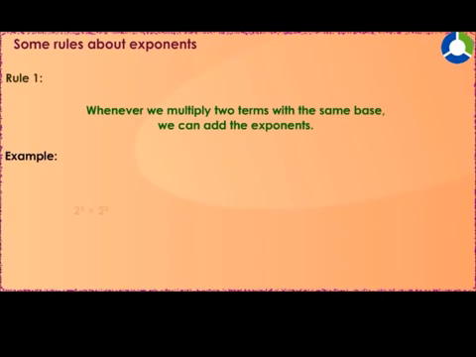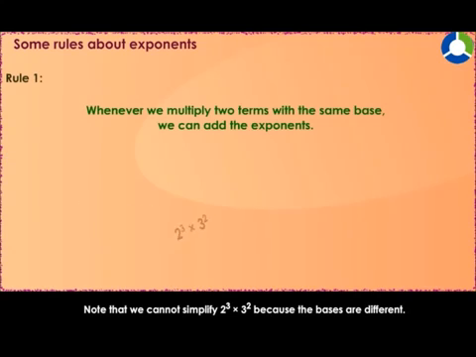Example, 2 raised to 3 multiplied by 2 raised to 2 equals 2 into 2 into 2 into 2 into 2, equals 2 raised to 3 plus 2, which is 2 raised to 5. Note that we cannot simplify 2 raised to 3 multiplied by 3 raised to 2 because the bases are different.